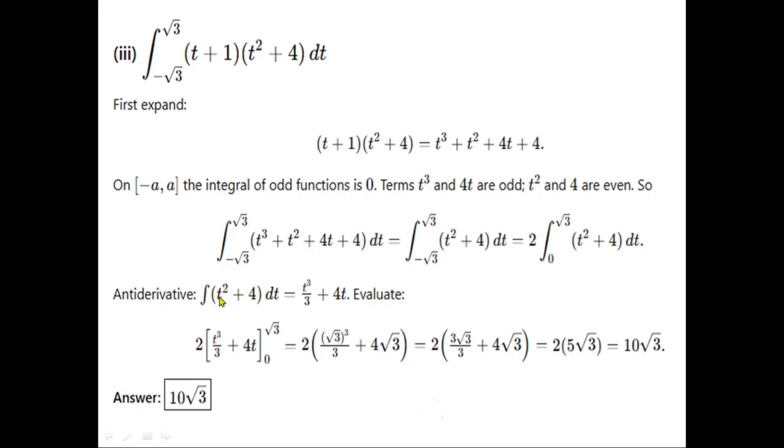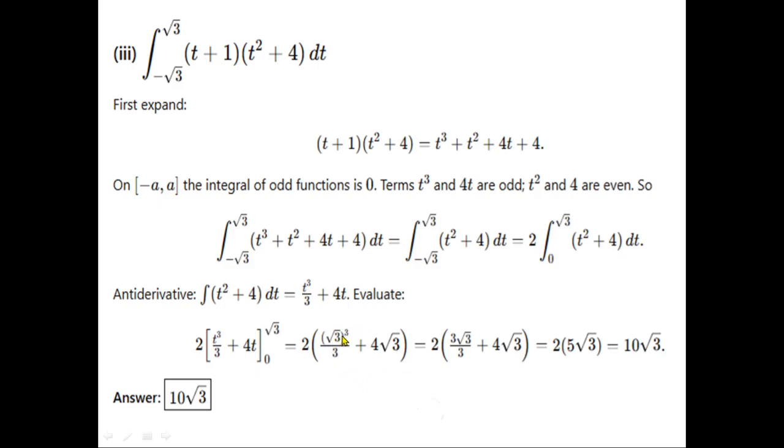The integration of t square equals t cube by 3, and for the 4, that is 4t. Then the function will be 2 into t cube by 3 plus 4 into t, with limits 0 to root 3. When we substitute root 3 in place of t, that becomes root 3 whole cube by 3 plus 4 into root 3.